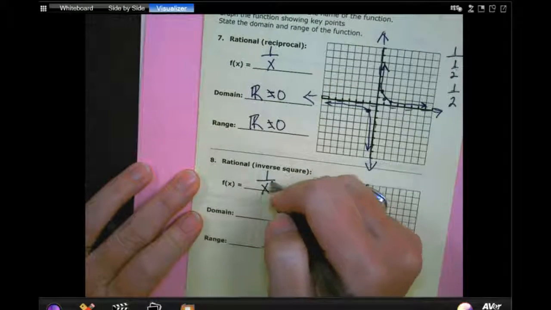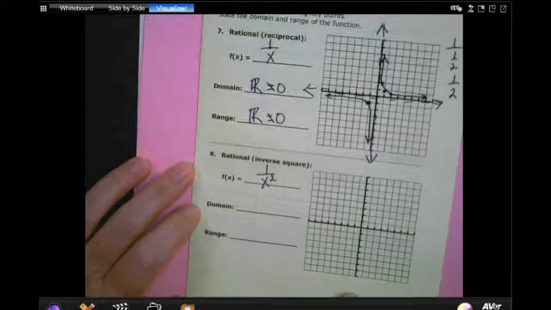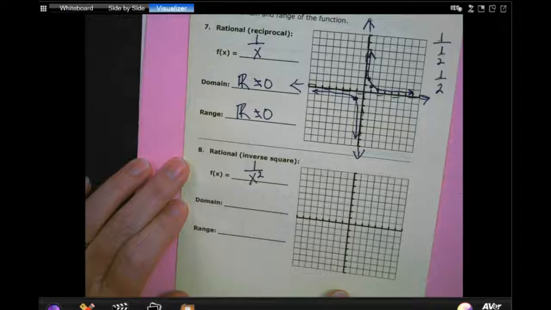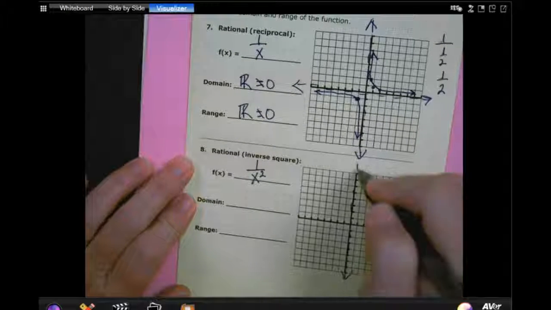The inverse squared looks like this, 1 over x squared. So just like before, where am I going to get asymptotes? Zeros, right? I still can't have 0 in the denominator.